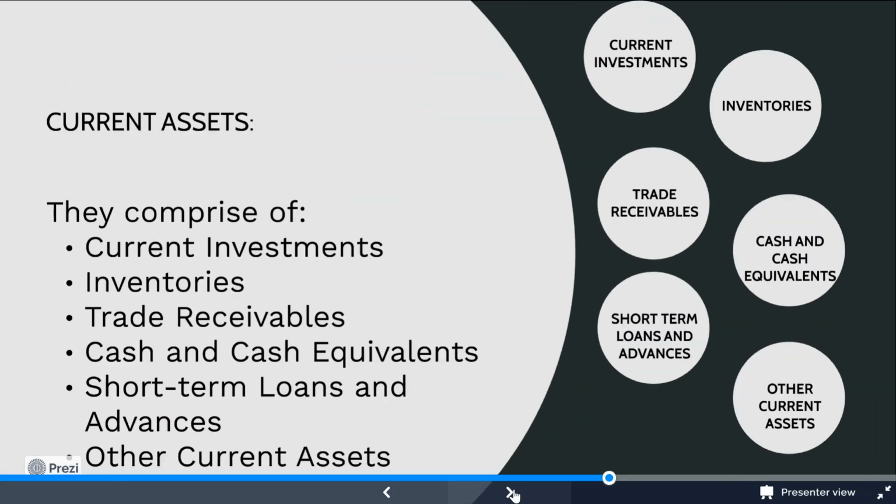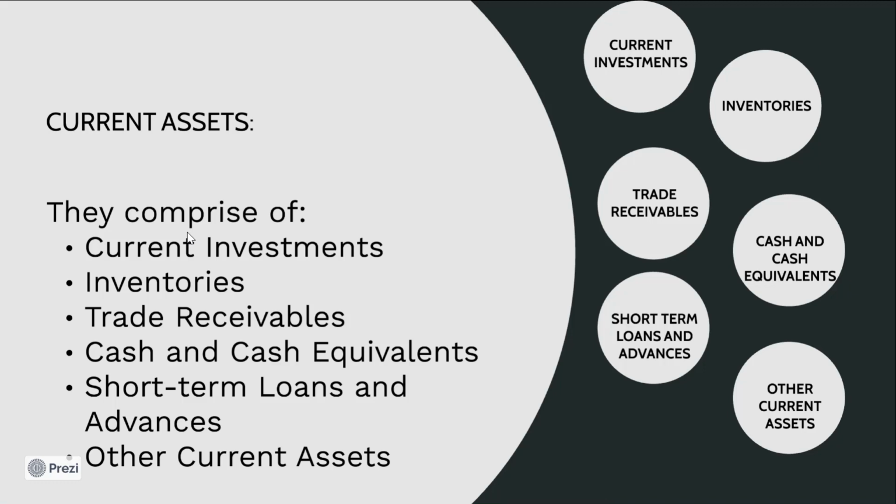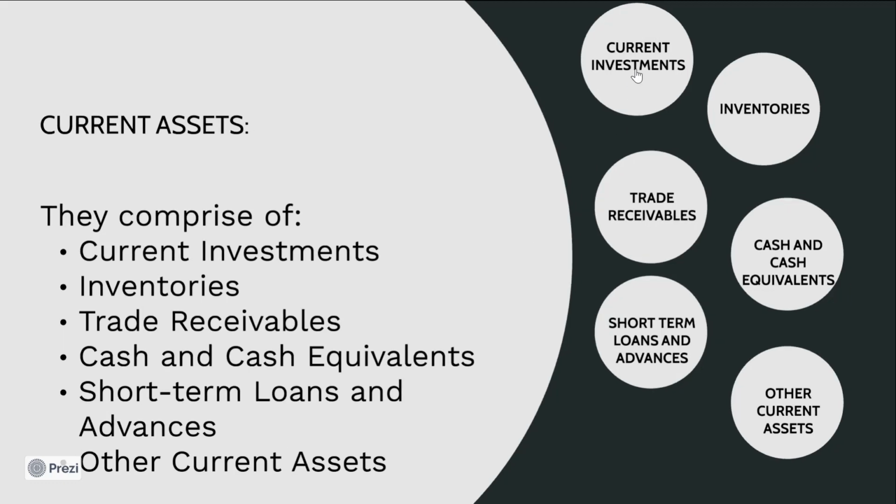We'll move on to current assets. The current assets comprise of current investments, inventories, trade receivables, cash and cash equivalents, short-term loans and advances, and other current assets. Let's begin with current investments.